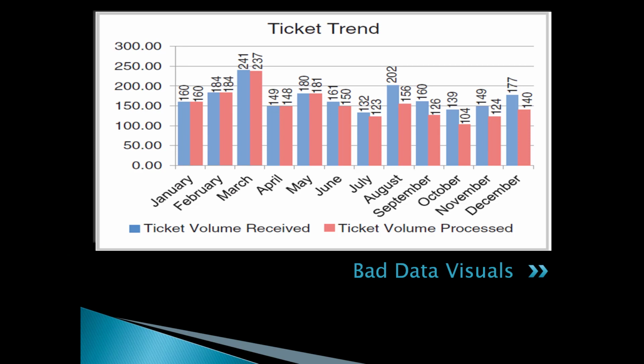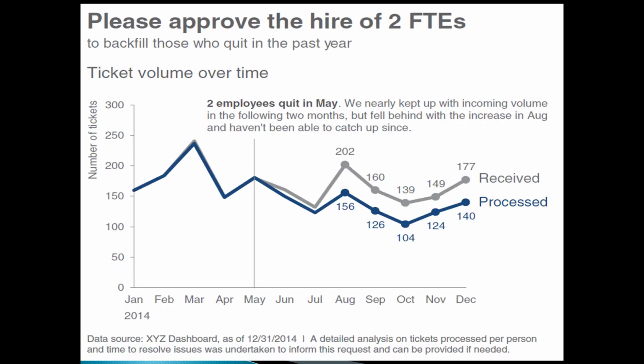Now in the upcoming video we will also be talking about the art of selecting the right chart in greater detail. For example, the same data set which we have shown here can be represented by using a line chart. And this is an example of storytelling which I have taken from the book of Cole, which I have read recently.